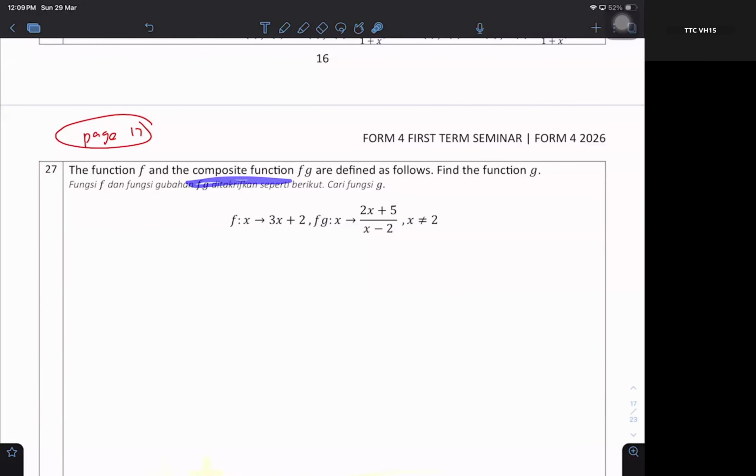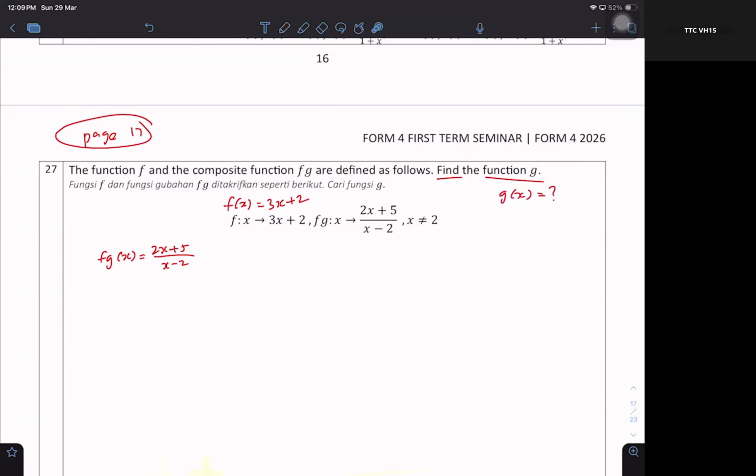But to be more specific, the question gives you fx, and then gives you fgx, 2x plus 5 over x minus 2, right? The question gives you fgx and then asks you to find function g.